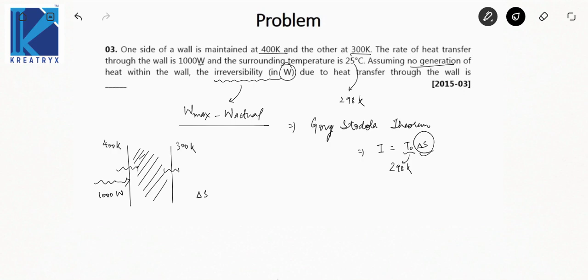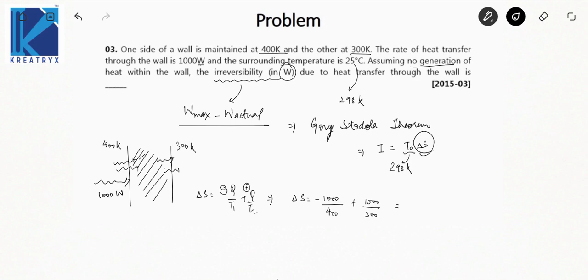So delta S will be Q1 by T1 plus Q2 by T2. However, from this wall the heat is going away, so this will be with a negative sign, and the heat is absorbed in this wall, so this will be with a positive sign. Temperatures are not changing, so delta S is equal to minus 1000 upon T1, which is 400, plus 1000 upon 300.